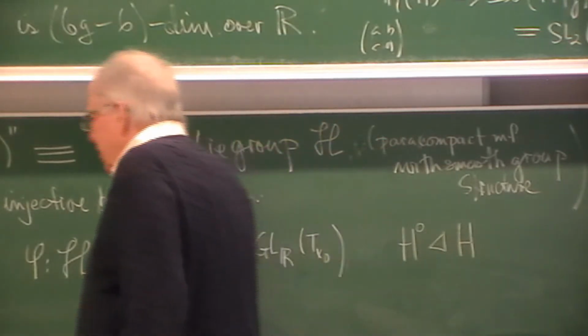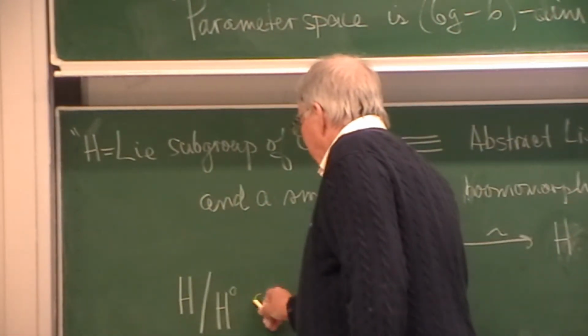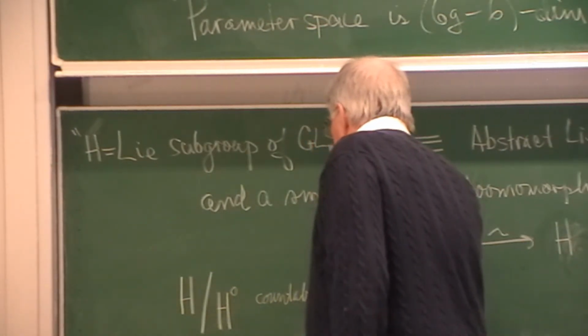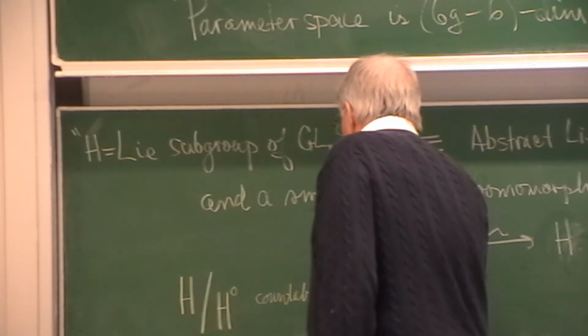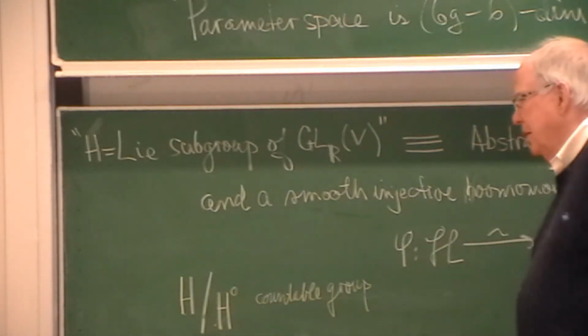So this thing here is a group. This thing here is a countable group, because it's in one-to-one correspondence with the components of this manifold.